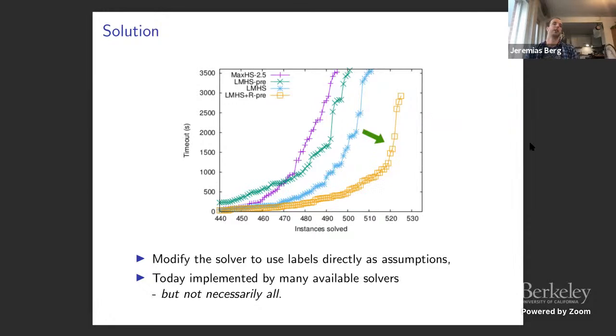And it's a fairly simple trick. And nowadays, most of the MaxSAT solvers that I'm aware of do this. But the point I want to get across is that doing this is not required for the correctness of a MaxSAT algorithm. So if you just take any MaxSAT solver that you don't know of and you try to use preprocessing in a black box manner, you might end up just worsening performance by accident, even if reusing labels as assumptions would fix that.